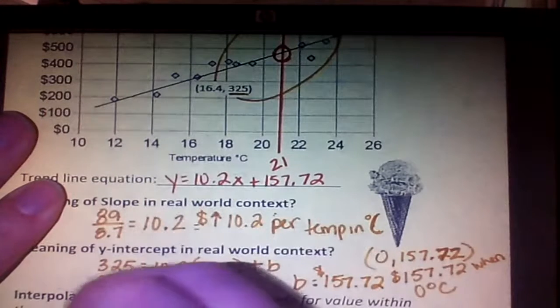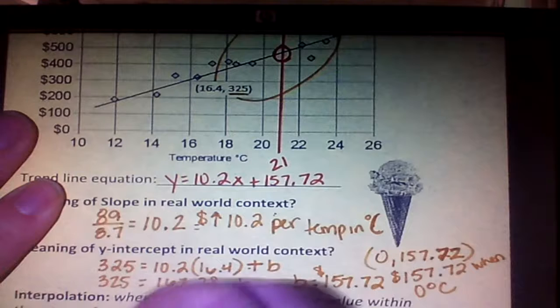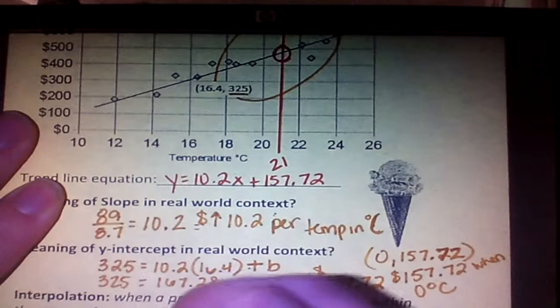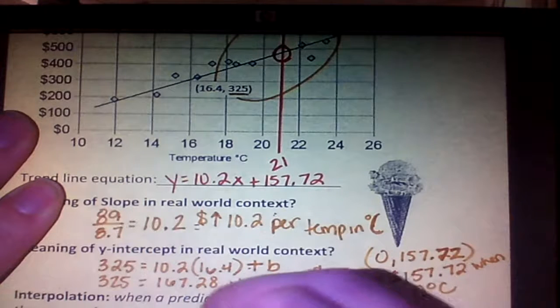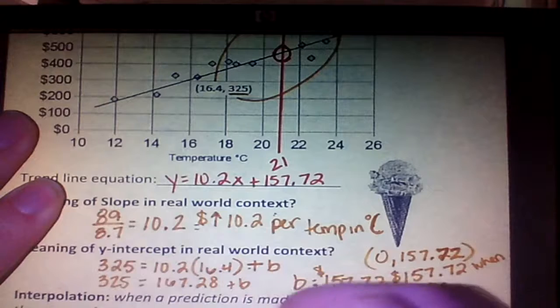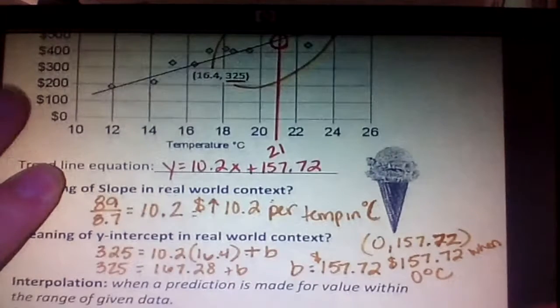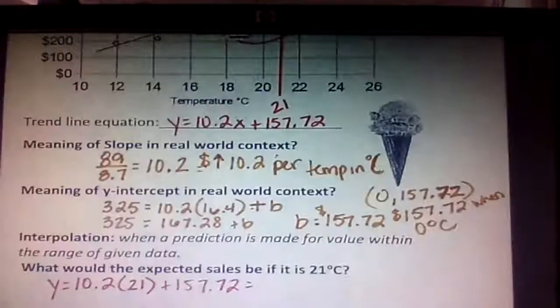We can actually solve this. Y equals 10.2 times 21 for my x, plus 157.72. That's $371.92.